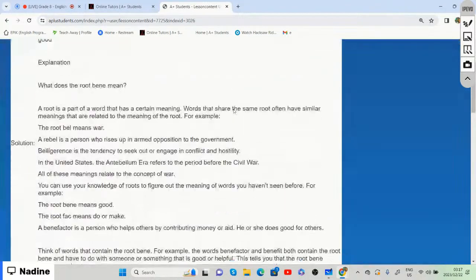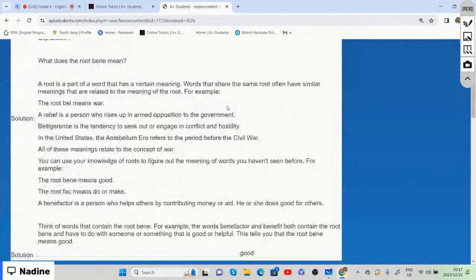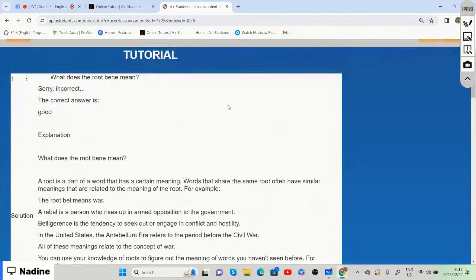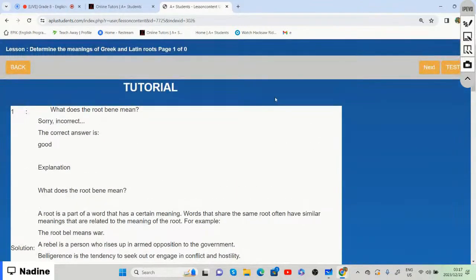We made mention of bena, and we made mention of fact, and we mentioned benefactor.